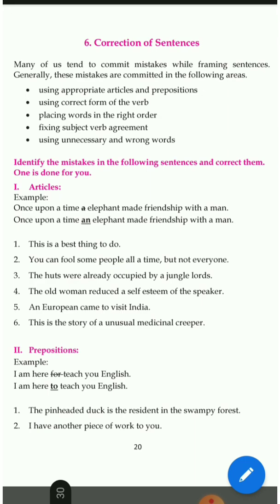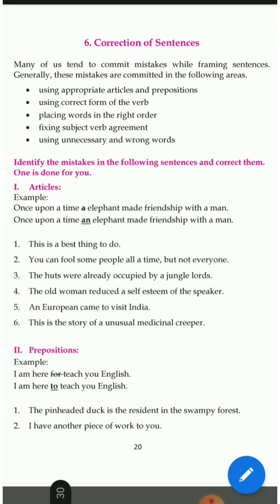Next one. "This is the story of a unusual medicinal creeper." So what is the mistake here? Again, they have used "a". That is the wrong use of article. Why must it take "an"? Because of unusual. Look at the word there, the U is a vowel sound. So that is why it must take "an unusual medicinal creeper".